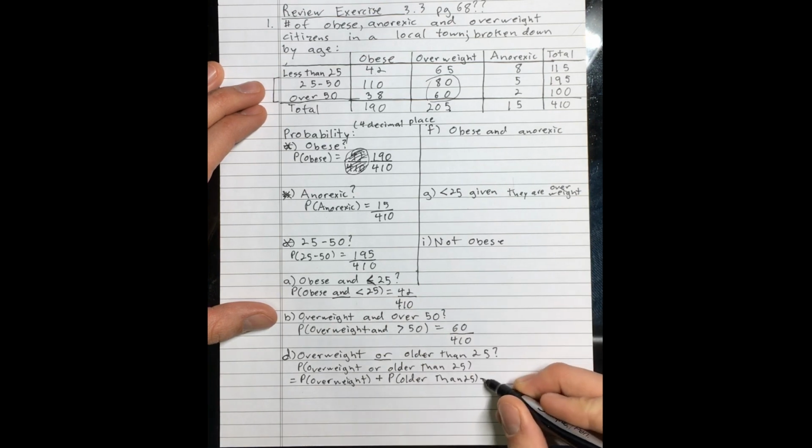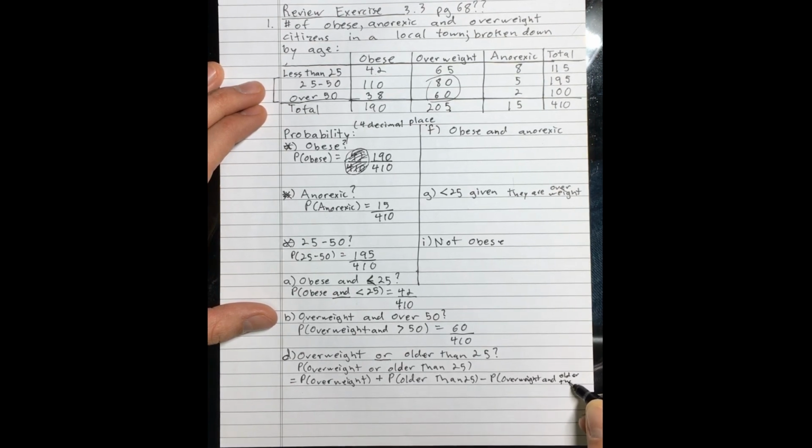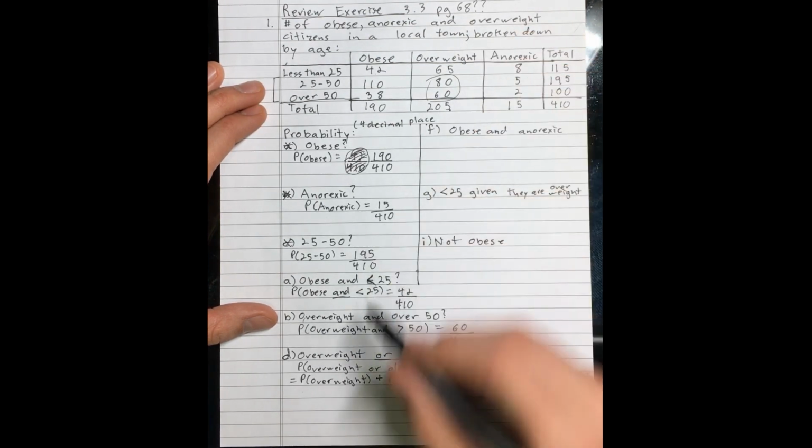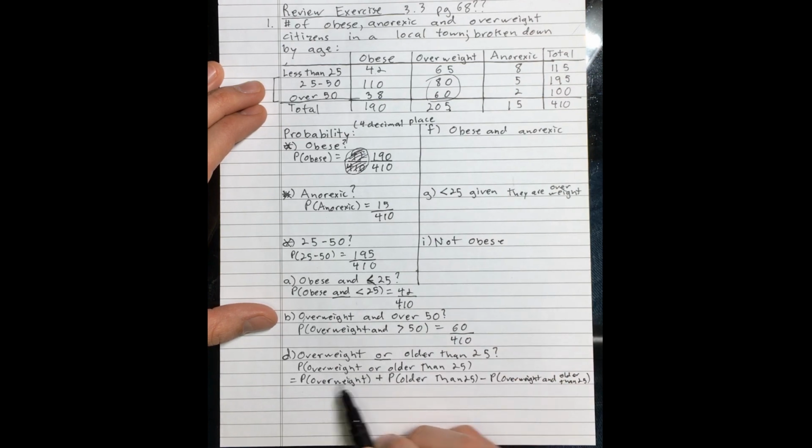So what we have to do is subtract off the probability that we're overweight and we're older than 25. Again, that's just to compensate for the fact that we've double counted when we first add up the probability that we're overweight and the probability that we're older than 25. So let's look at what we get.